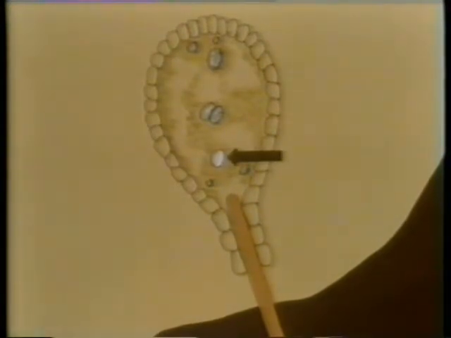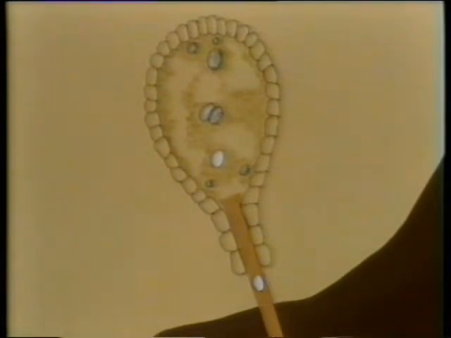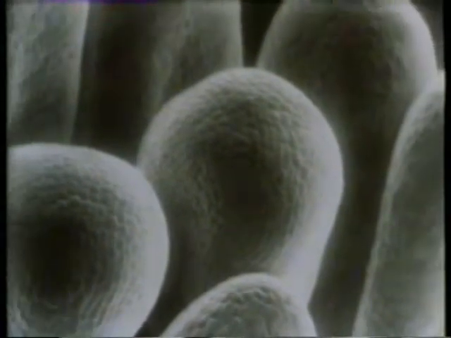There's the female gamete. The end of the pollen tube opens and the male gamete finally reaches and fuses with the female gamete. This fusion is what we mean by fertilization. Each fertilized ovule gradually becomes a seed, which may later develop into a new plant.